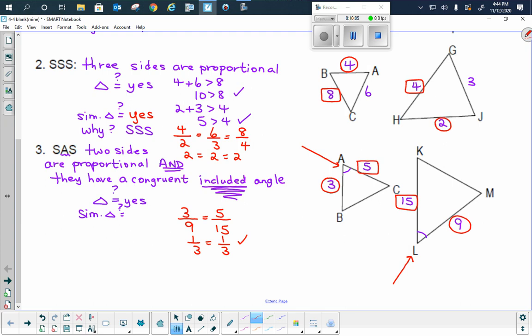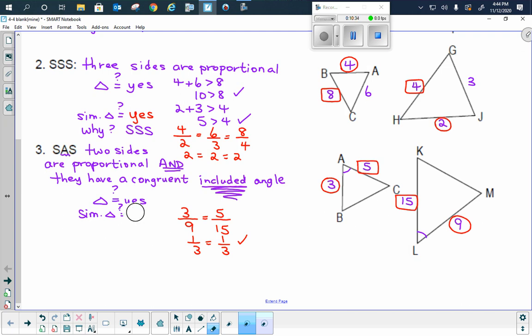So in other words, guys, if I move that marking here instead, that would not be between the side of 15 and the other side that was labeled. Okay, that's what we mean by being included. So this one, L, does happen to be right in between the 15 and the 9 that are labeled. And for the first triangle, A does happen to be between the 3 and the 5 that are labeled. That's what we mean by an included angle.